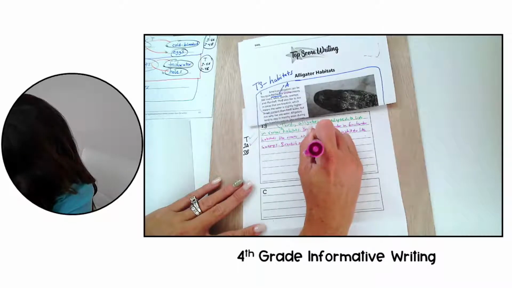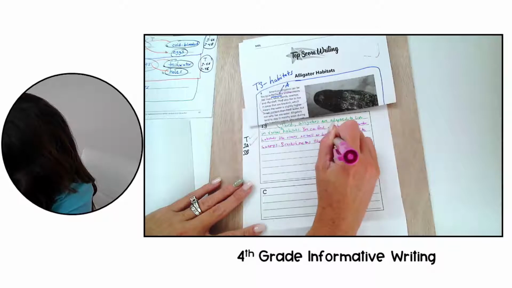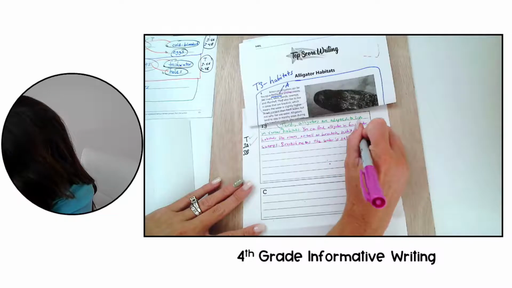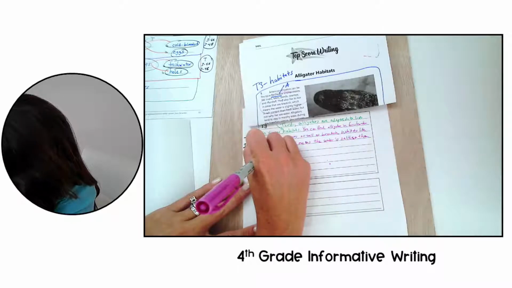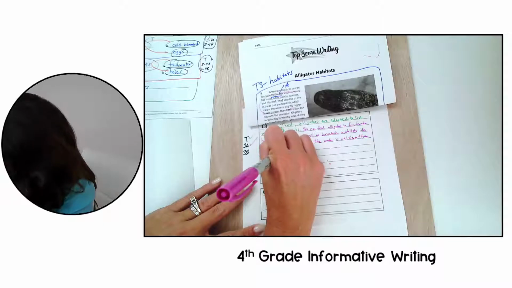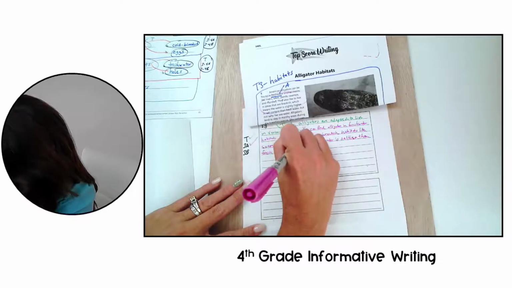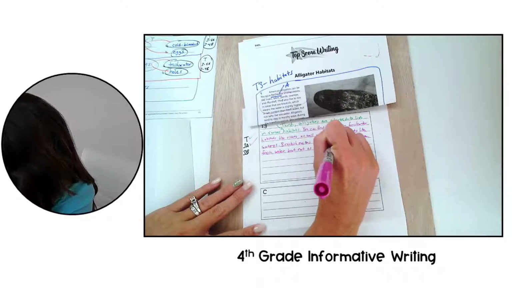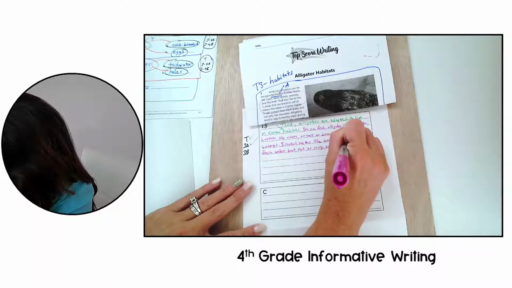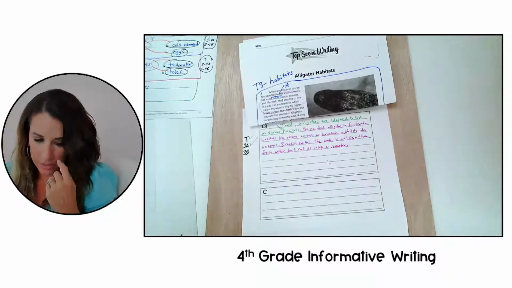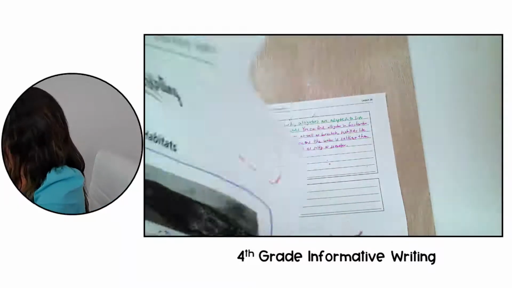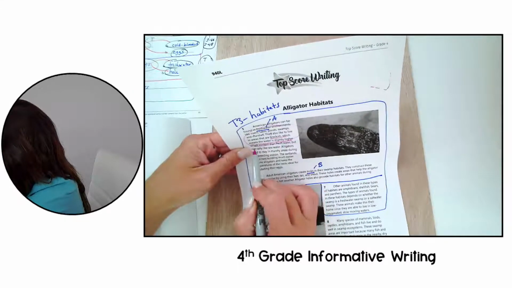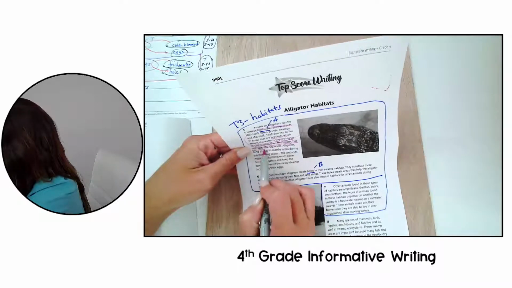Brackish means the water is saltier than fresh water, but not as salty as seawater. Okay, so you can see right there that it says brackish, which means the water is slightly higher in salt content than fresh water, but not salty like seawater.